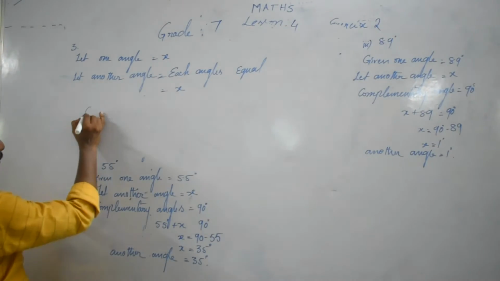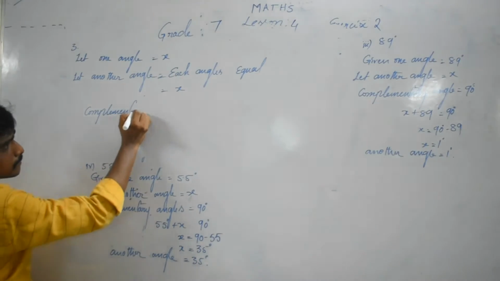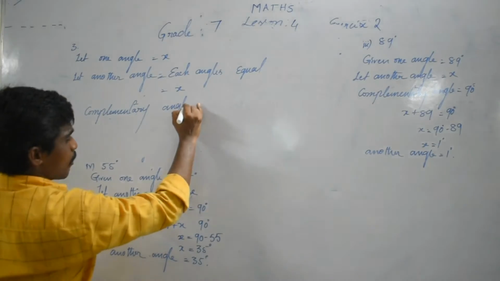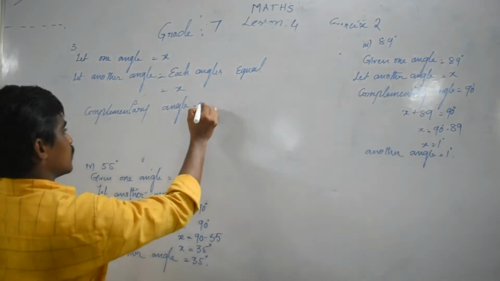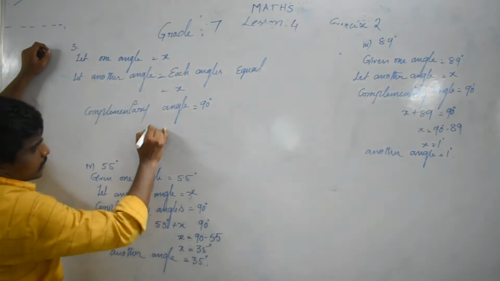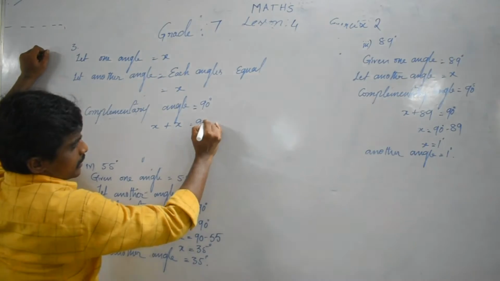So complementary angles, what is a complementary angle? 90 degrees. One angle is x, another angle is also x, so the sum is 90 degrees.